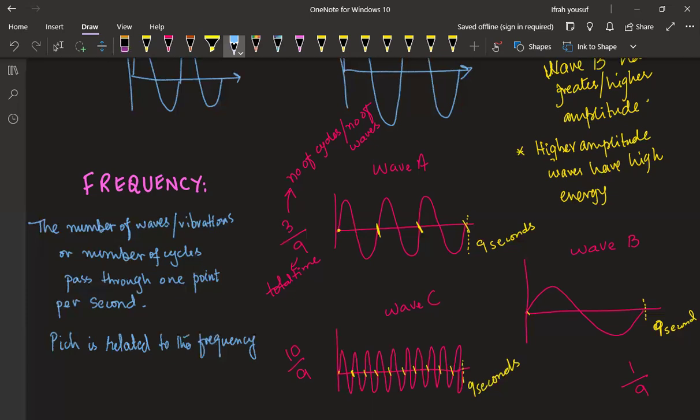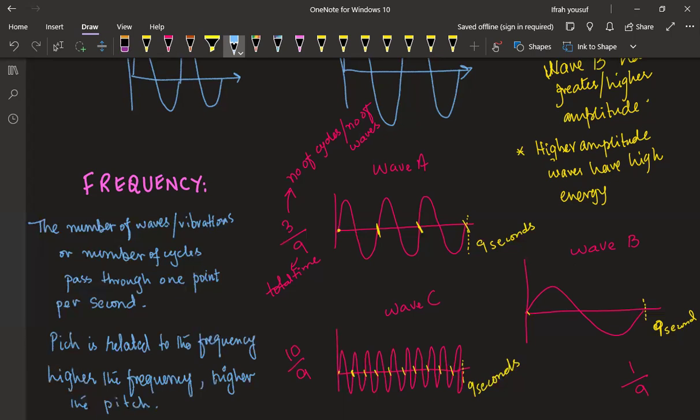Higher the frequency, higher the pitch. If there's high frequency, then there would be a high pitch.